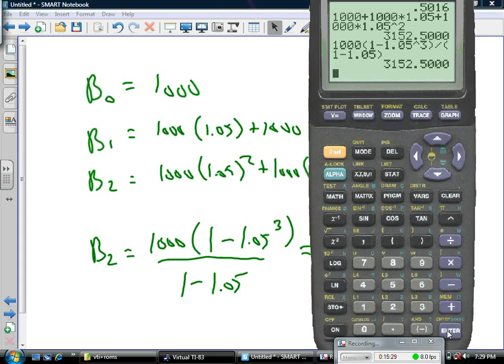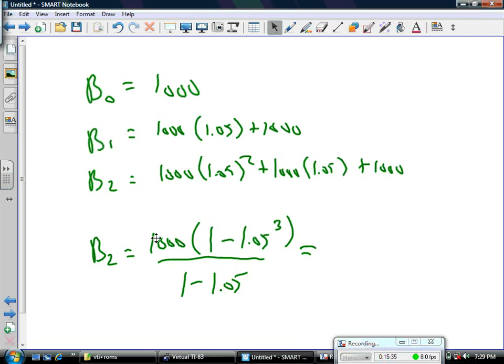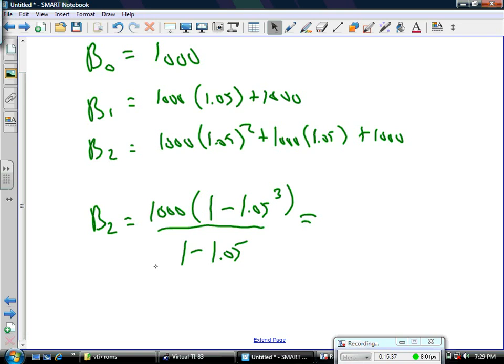All right, so let me ask you that question. What's B30? How much money am I going to have after doing this for 30 years? The first term is still how much money I'm putting down every year, right? 1,000 times 1 minus R. R is still 1.05 to the n plus 1.